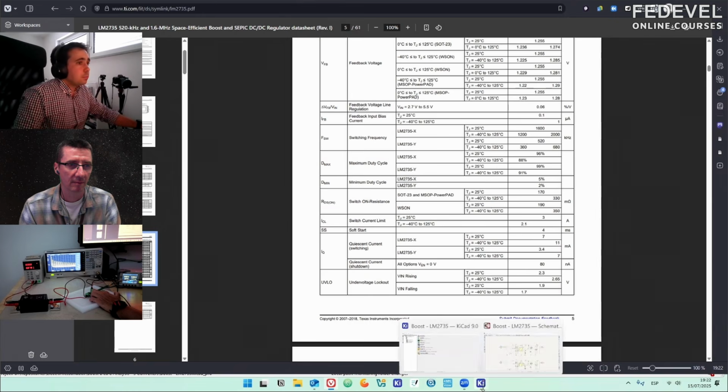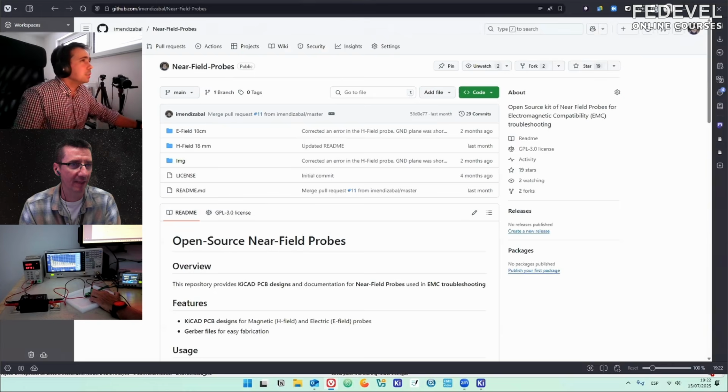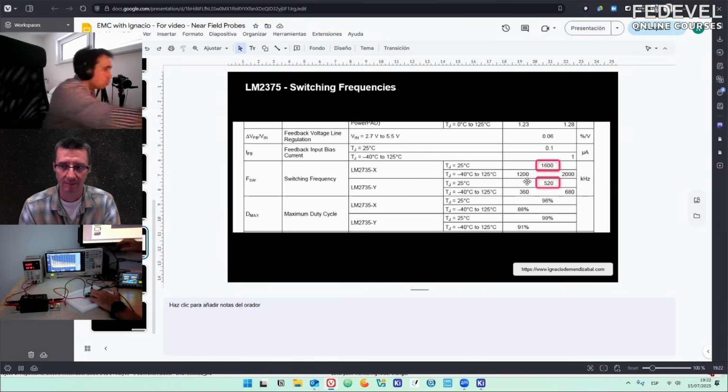Here we see that we started with the Y version, and let's see if it's the 500 kilo one. Yeah, so here is 520, and we're measuring that the highest peak is 520 kilohertz. So we are already seeing some coherence between the switching frequency and the emissions we are measuring.